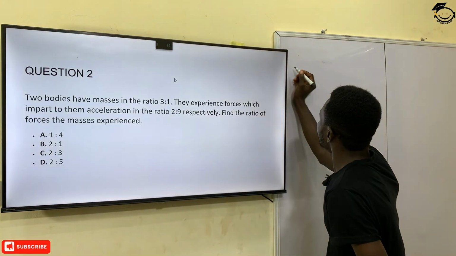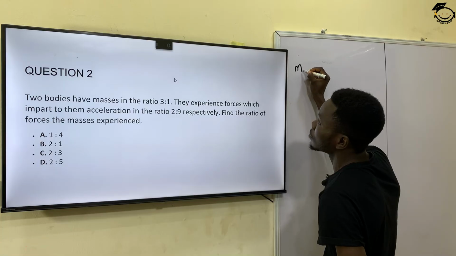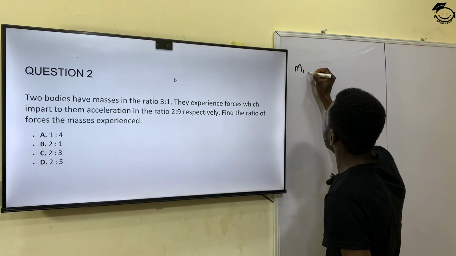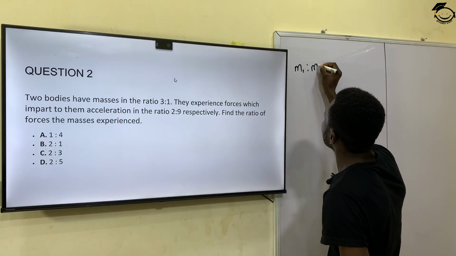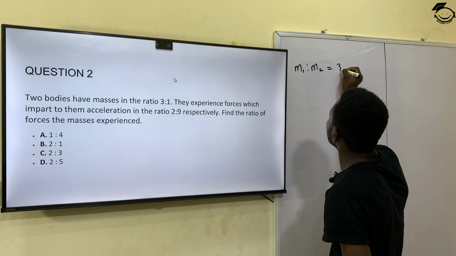So in this question, they already told us that the masses M1 ratio M2 is 3:1.